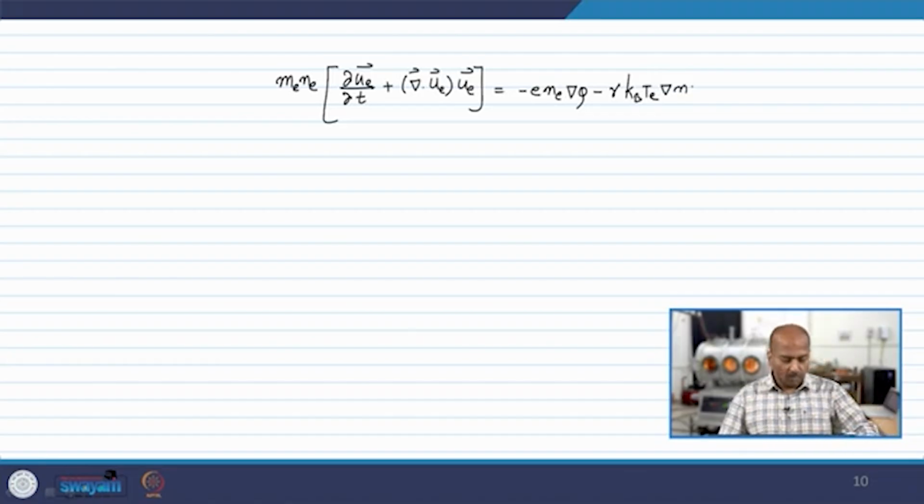For very slow ion vibration, the electron mass can be regarded as 0. What does it mean? It means the electron inertia, the mass of the electron, is very small in comparison to the ions.